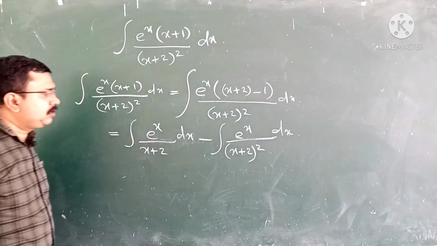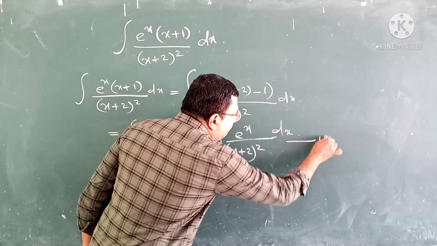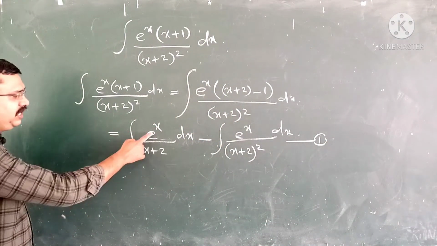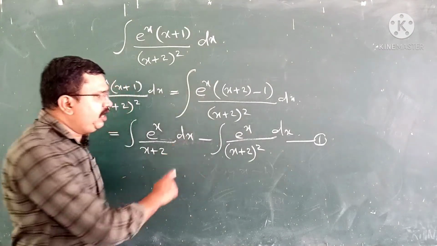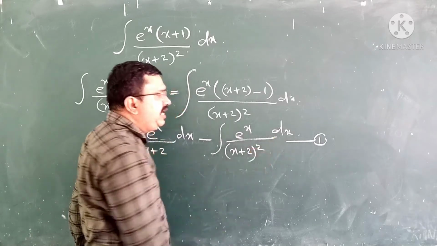Now this is our equation number 1: integral of e raised to x divided by (x plus 2) dx minus integral of e raised to x divided by (x plus 2) square dx.